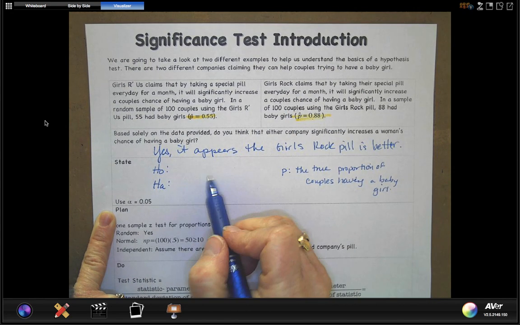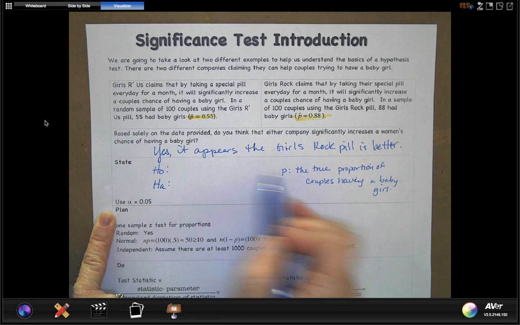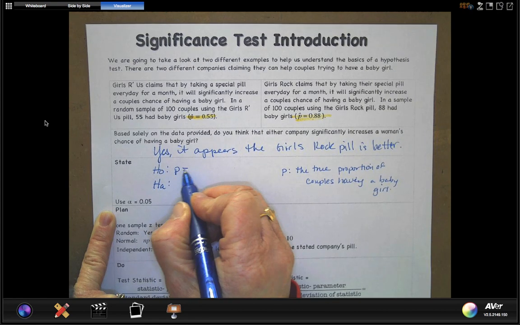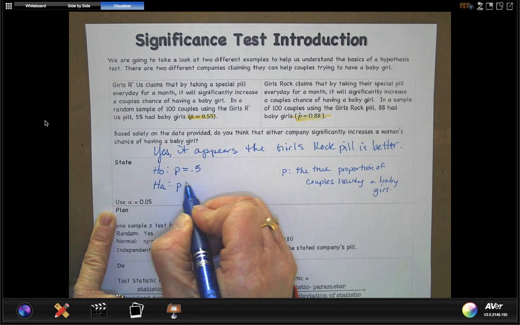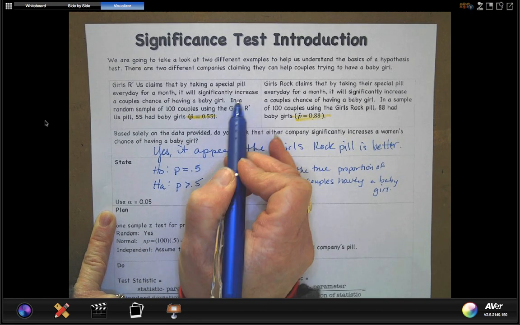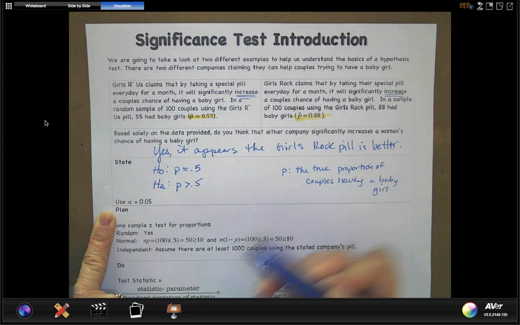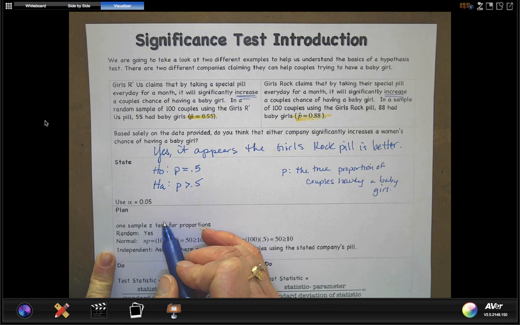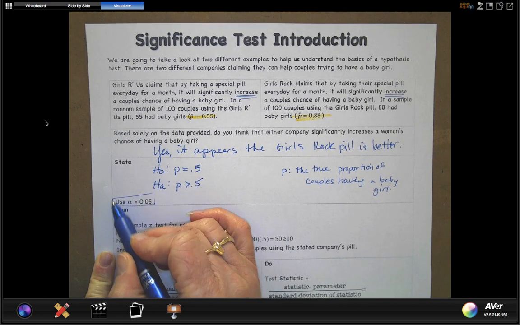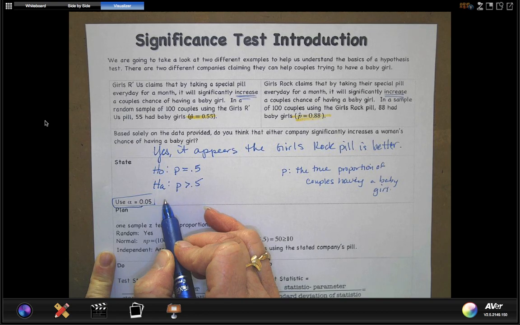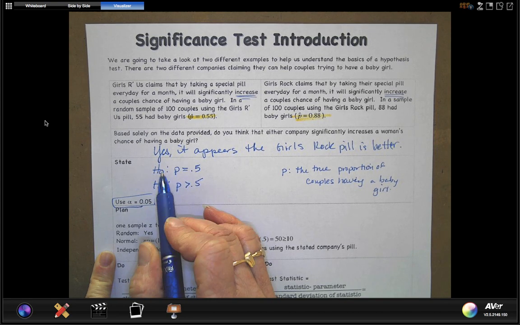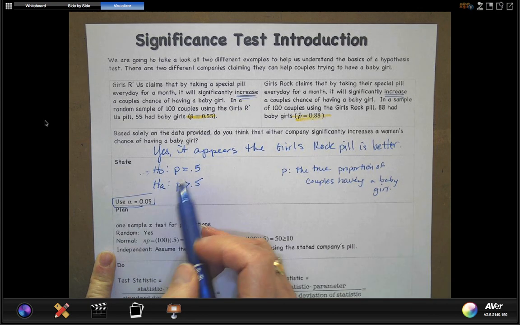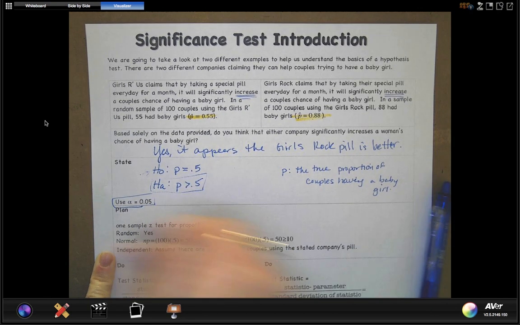And right now, this first step here, my state step, my hypothesis test, is going to be the same for both of them, so I figure we'll only write it once. H0: p is 0.5, HA: p is greater than 0.5, because they're saying that they're going to increase the couple's chances of having a baby girl. Alright, and sometimes we have to give ourselves a cutoff. Again, we'll talk about this as we go through the notes. So we have our null hypothesis, which is just our status quo. This is what we're trying to find evidence for this one.